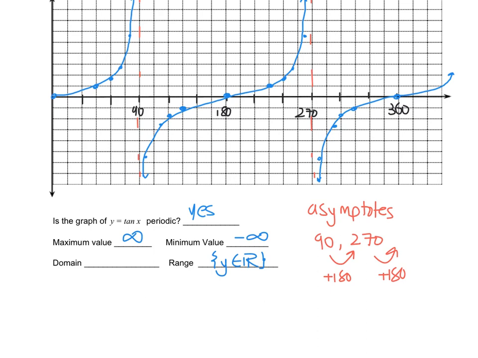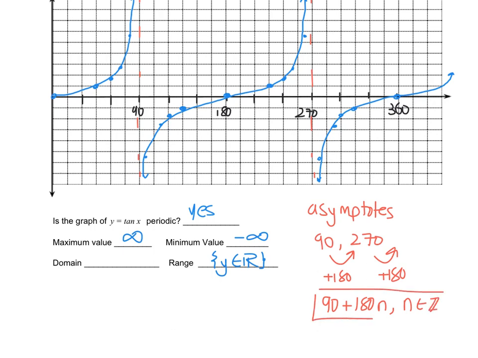Now, we can think of the equation of asymptotes if we want the general one. You're taking 90 and you're adding on 180 degrees n times. So n can be 1, 2, 3, 4 times, whatever you want. But we can't have it be a decimal. So we have to state that n is an integer.